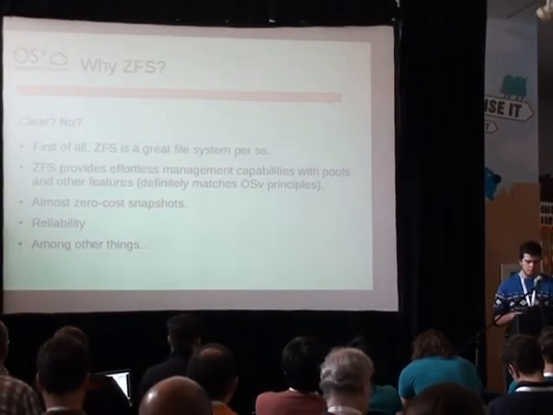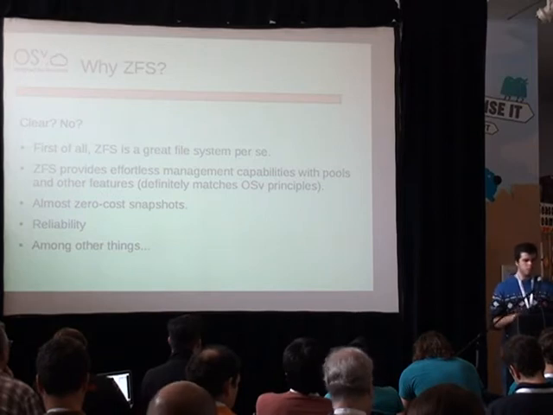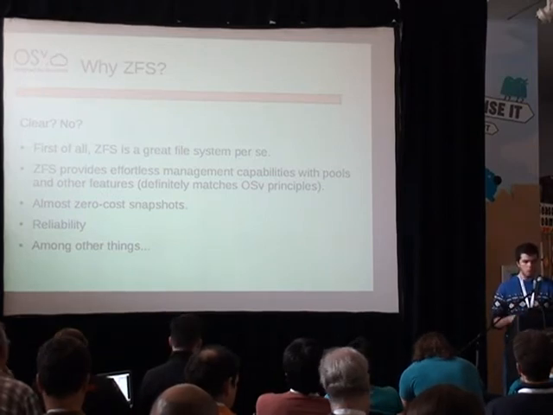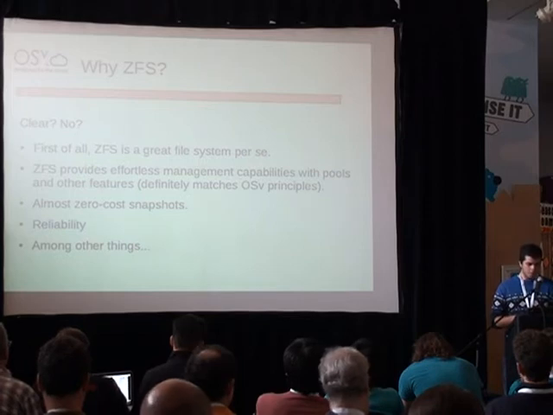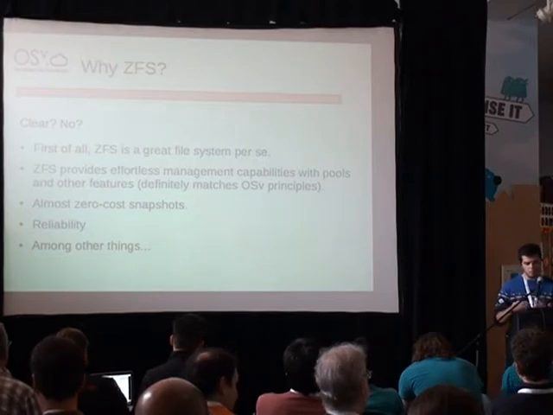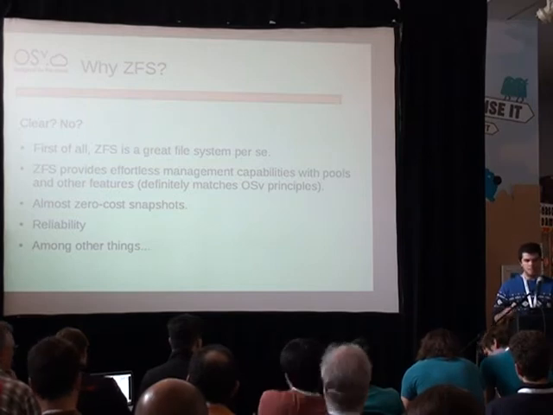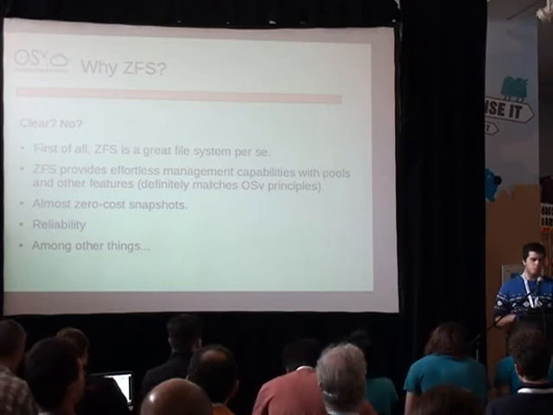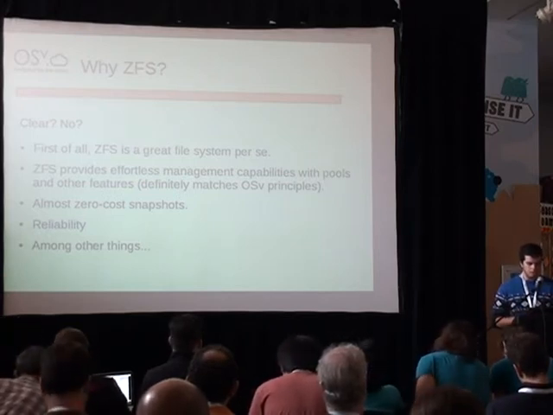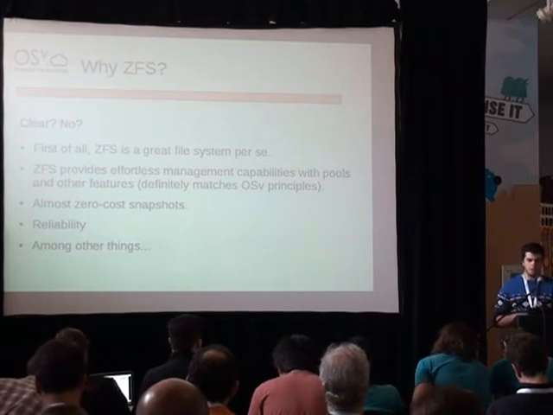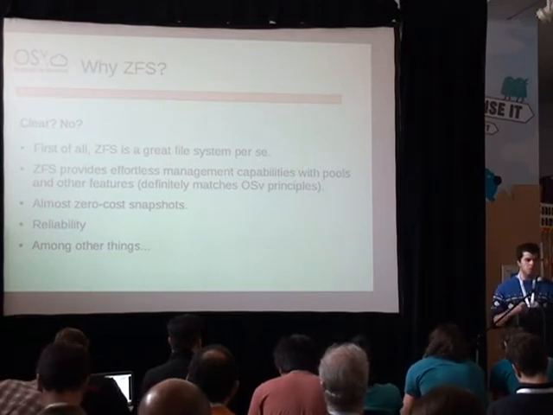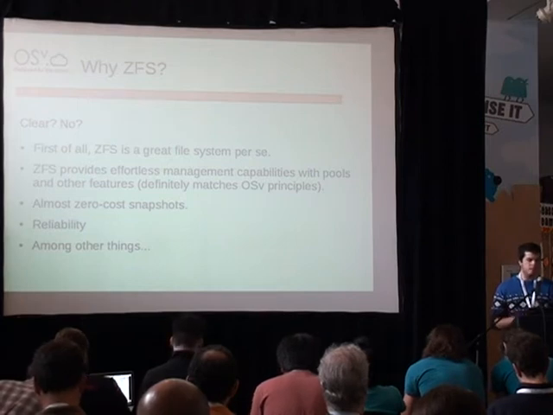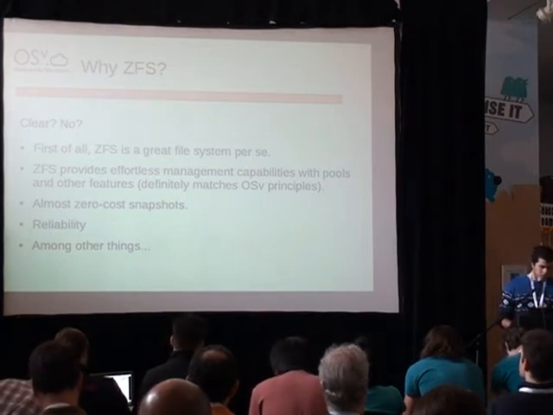That's what we are trying to achieve with OSv: create something simple, specific for your workload and your cloud deployment, that will not take a lot of effort. And ZFS provides exactly that, with snapshots, reliability, efficiency, immense capacity, and it doesn't take a lot of effort to get ZFS working for your workload. It adjusts itself to a variety of workloads. That's why we chose to use ZFS, and we're taking a lot of advantage of that.